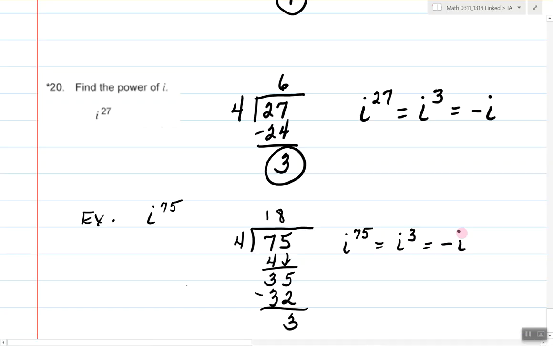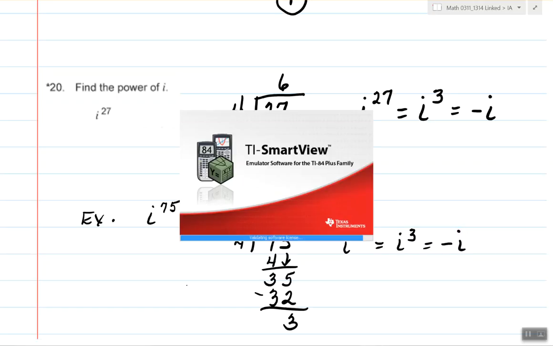Now, before I completely stop on this lesson, I want you to take a look at what the calculator can do. I accidentally opened it and then accidentally closed it. So let's go back and give it a second to open.